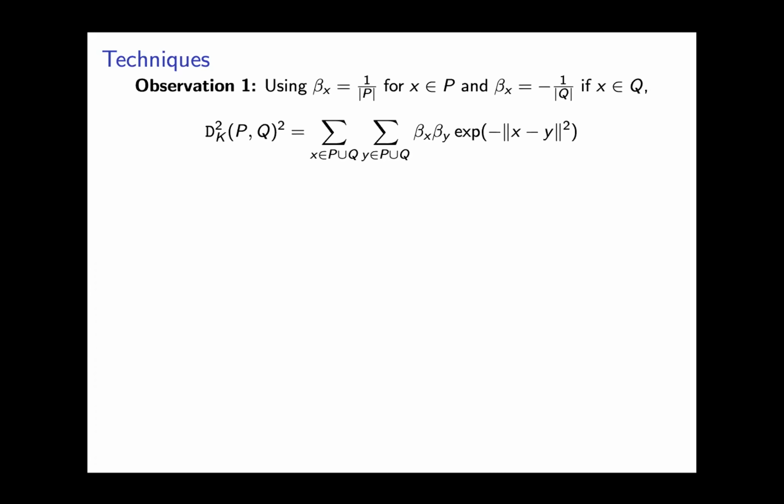Just quickly, for a minute or so, let me tell you the techniques. The first is a key observation, which in retrospect looks very obvious, but I didn't see it for quite a few years: you can write this squared kernel distance as a sum over inner product terms if you put some coefficients cleverly here. This means I just need to get relative error on the exponential part of the kernel. I don't need to do a similar analysis as with JL, where you look at the distance.